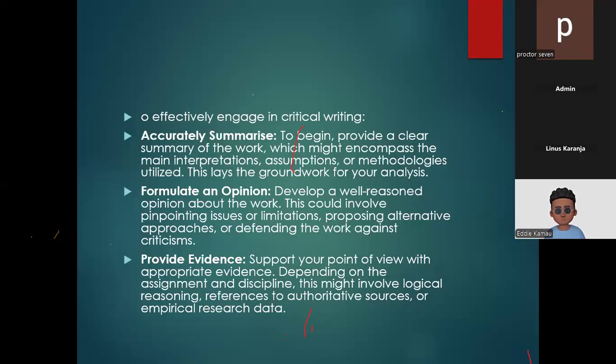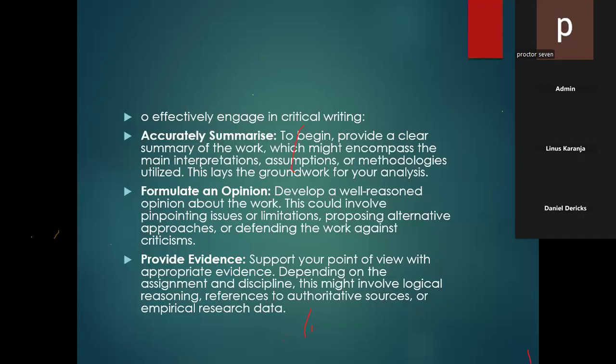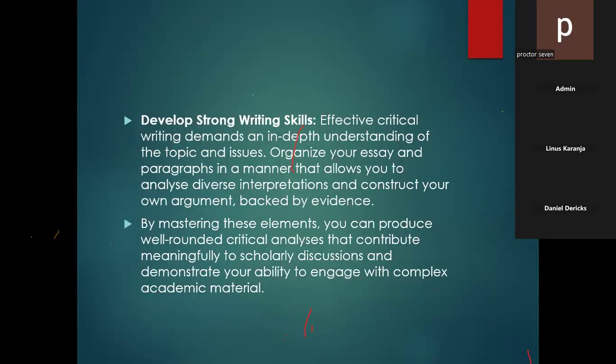So mostly in scholarly writing, without critical writing, you cannot write a master's thesis and become a scholar. You cannot get a PhD without critical writing. Also, in your term papers, you cannot write good term papers that score good grades without this kind of thinking. It's critical thinking and also scholarly or critical writing.